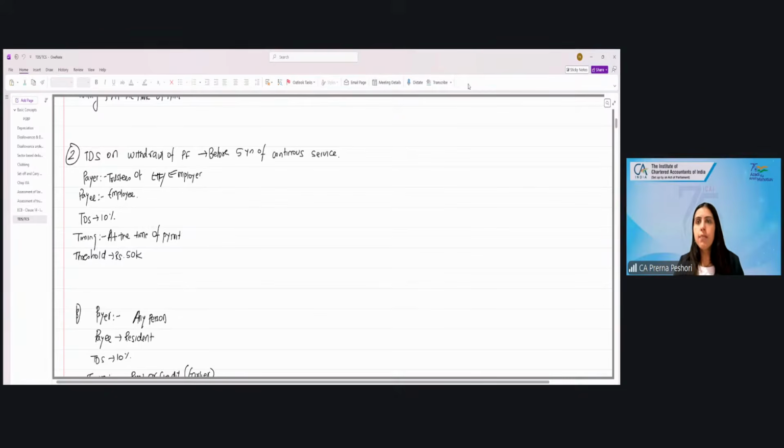Okay. Then we have the next section 193, which is interest on securities. So who is the payer over here? Who is the person responsible for deducting? Domestic companies. Domestic companies, yes.